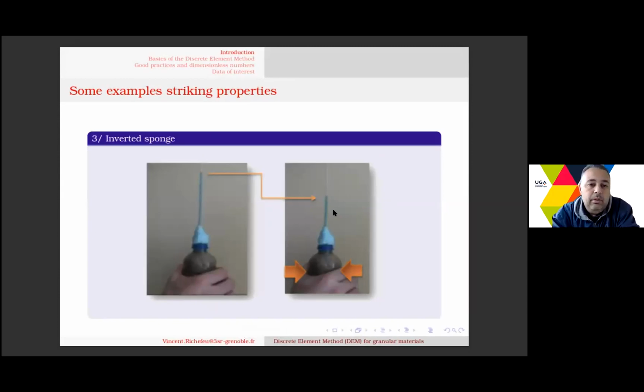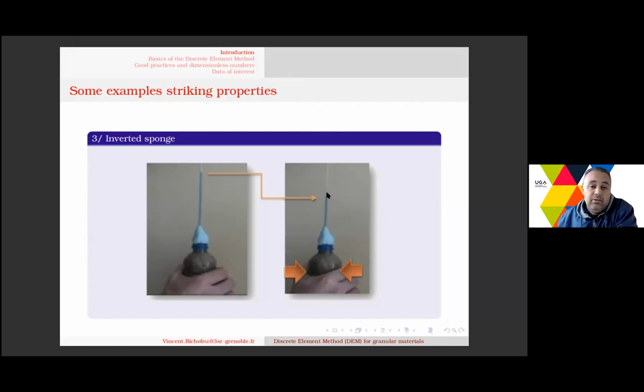One more example, maybe you know this experiment. If we take sand inside a plastic bottle with a tube on top, and everything is saturated with blue liquid, okay? We press the bottle, and we would expect that the liquid rises, but actually it goes down.